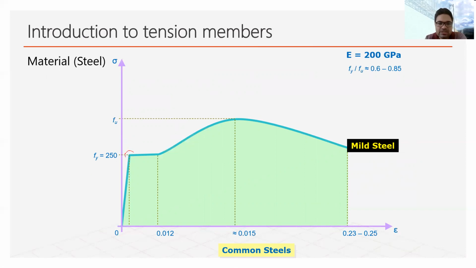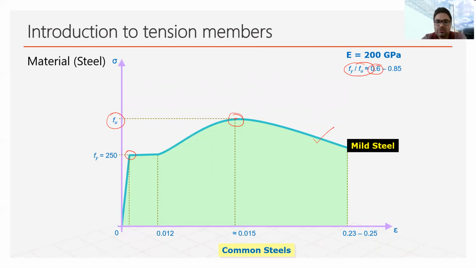This point is the yield strength point of mild steel, and corresponding to this stress we call it the ultimate stress point, which is Fu. So we have clearly defined Fu and Fy values in mild steel, because mild steel is more ductile, and in mild steel the ratio of Fy to Fu is around 0.6.